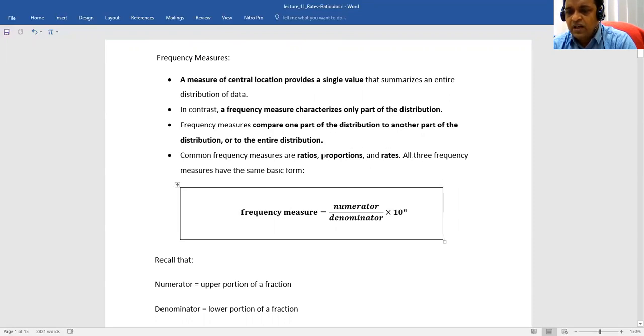For ratios, proportions, or rates, we have the numerator divided by the denominator, multiplied by 10 to the power n.